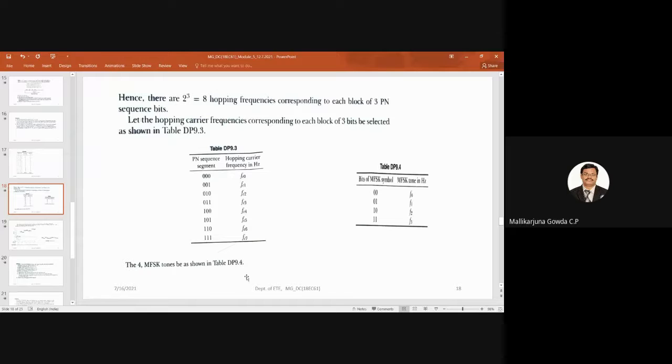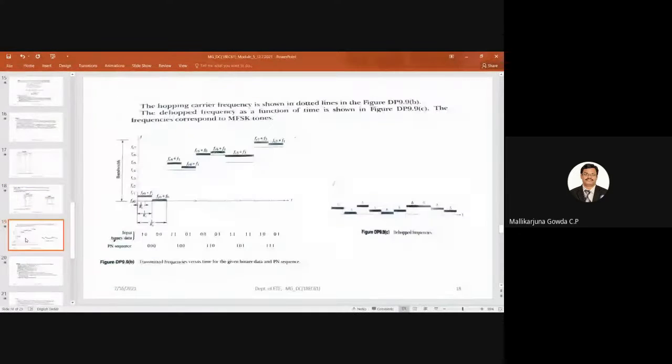Among the available 8 hopping carrier frequencies, we have taken them randomly. Here it is not specified which hopping frequencies should be taken, so out of 8, it is taken randomly. Okay, sir, got it. Hope this point is clear.